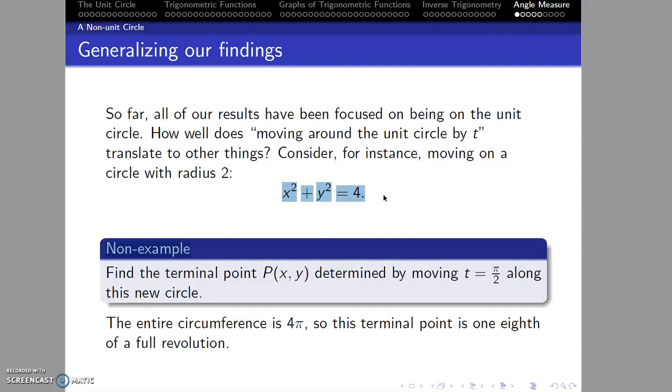Now, whereas before on the unit circle, that would put me straight vertical on the point (0, 1), that's not where I'm going to end up here. Reason being, on a circle of radius 2, that's of circumference 2 pi r, that's circumference 4 pi. So the terminal point, having gone pi over 2, is just 1/8 of the full revolution.